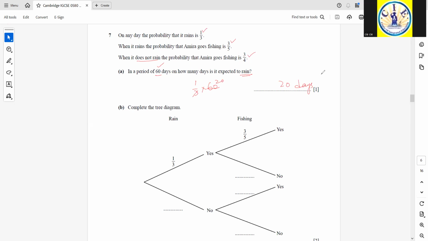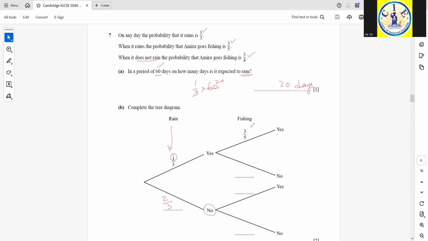Now for part B, complete the tree diagram. If it rains, the probability is 1 by 3. The probability of no rain: out of 3, we have got one portion representing raining, so the remaining are 2 portions out of the 3. So that should be representing no rain.